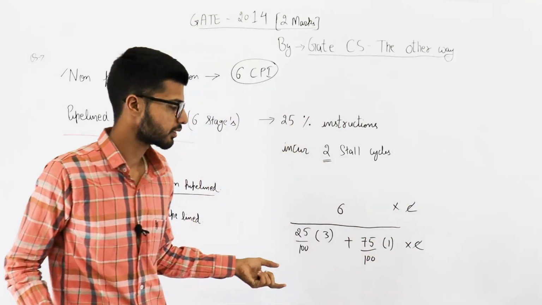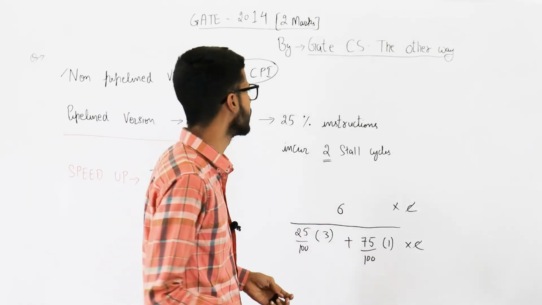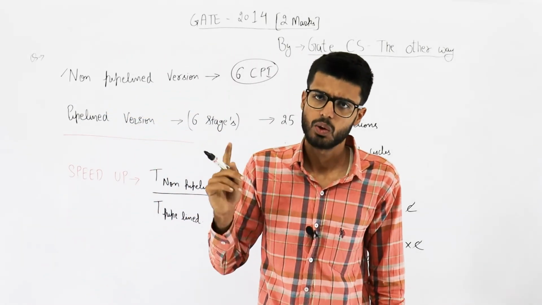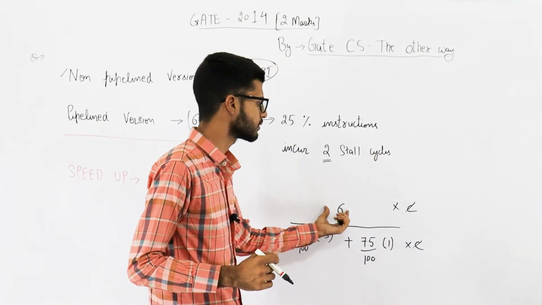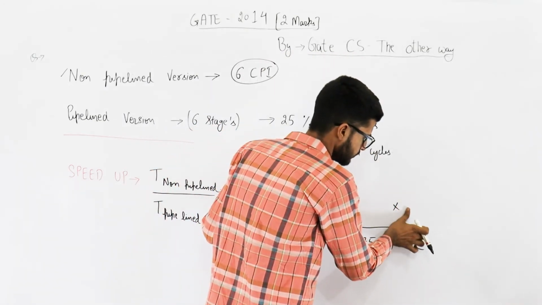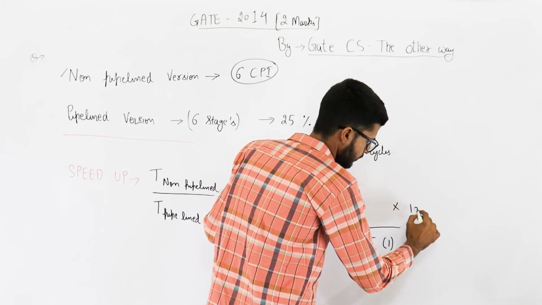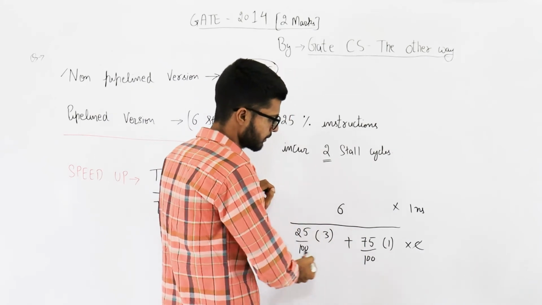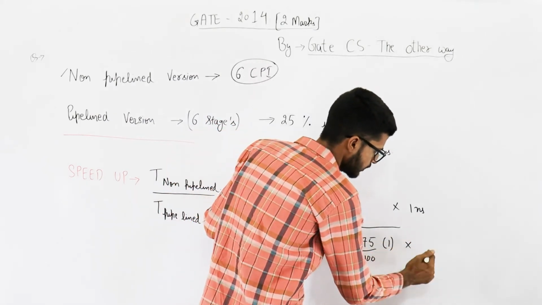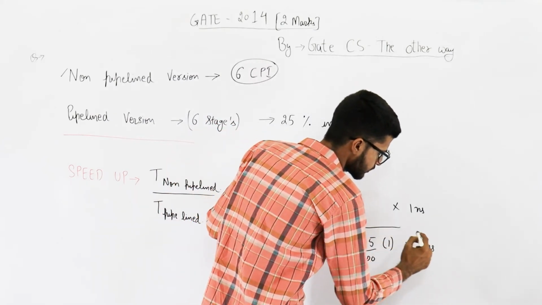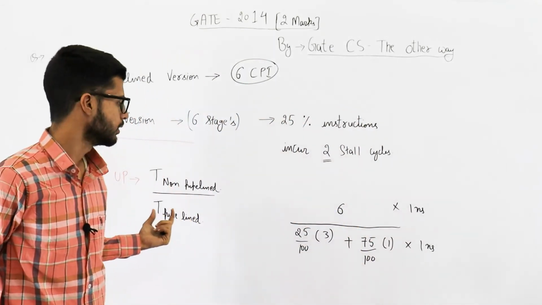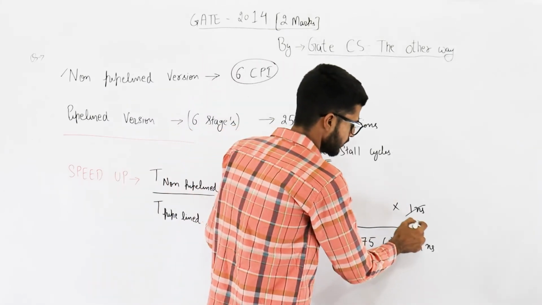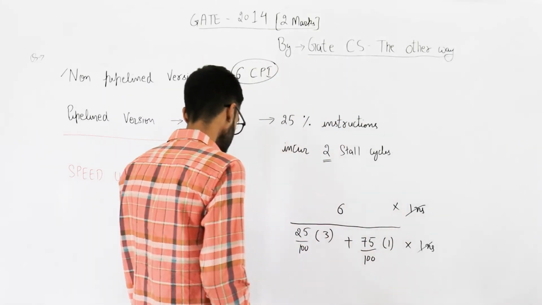Okay, so you can write either CPI or time taken, because say one clock takes 1 nanosecond. 6 clocks are going to take these many nanoseconds. Okay, here also these many clocks are going to take these many nanoseconds. So converting into time means effectively doing nothing, because eventually this is going to get cancelled.